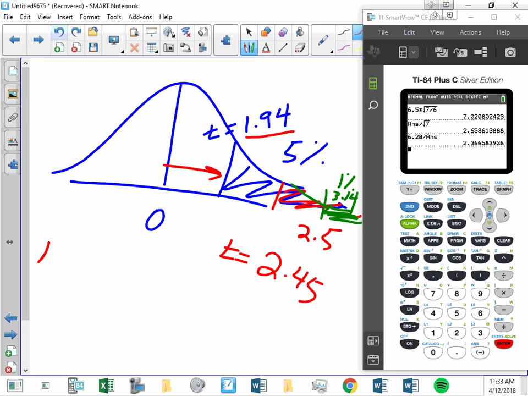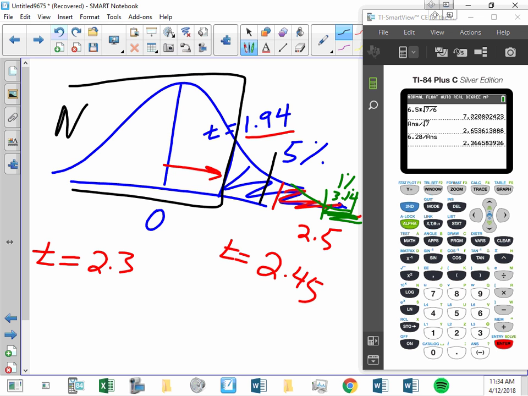Our t-score was 2.3 something, whatever, doesn't matter. Okay? Where does 2.3 fit? Right here. Right? Well, we are testing significance. So this is the null, equals 70.